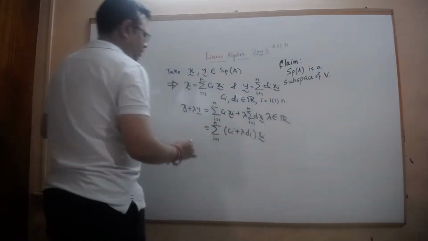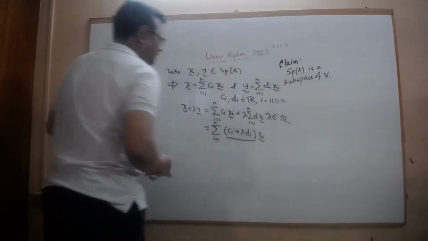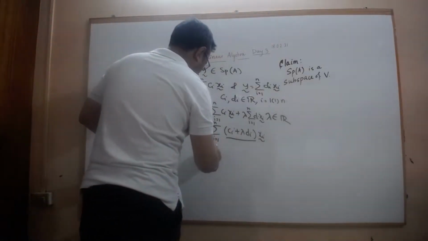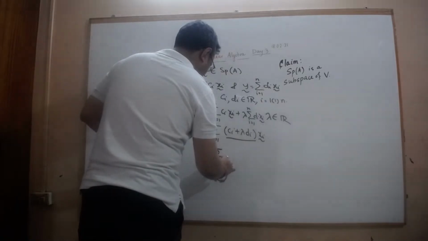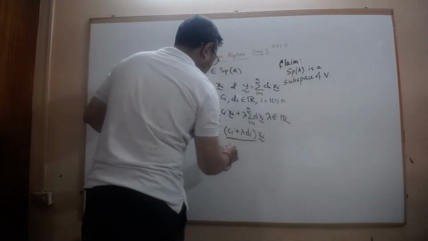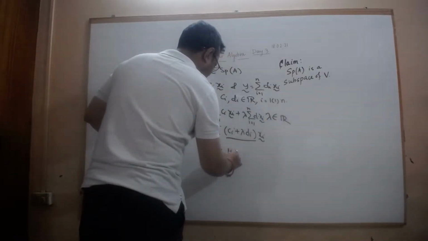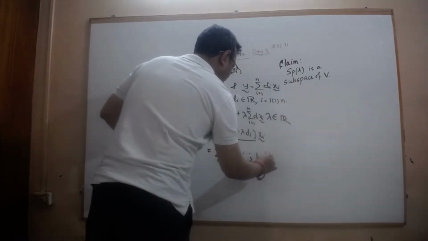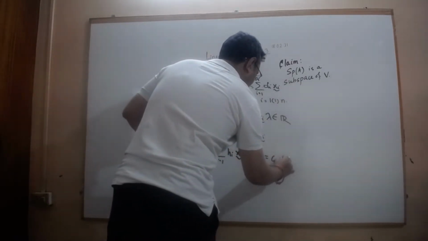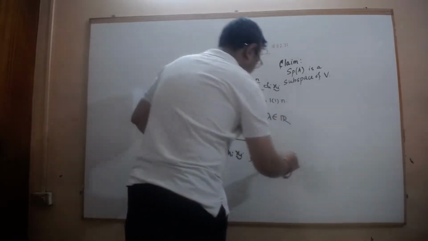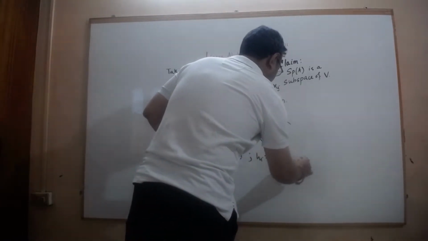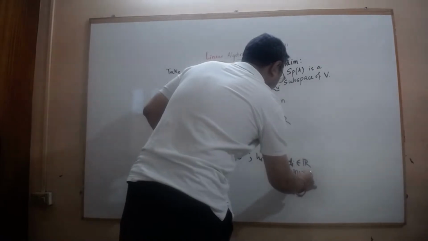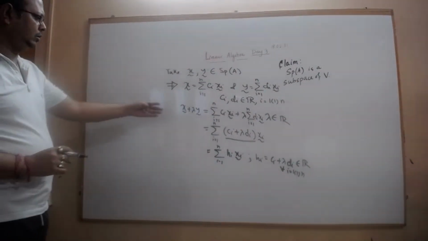Since Ci and lambda di are all scalars, we denote Ci plus lambda di by hi, say, where hi equals Ci plus lambda di. So hi belongs to R for all i from 1 to n.